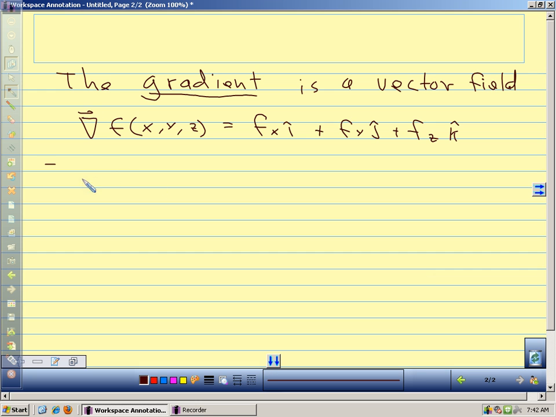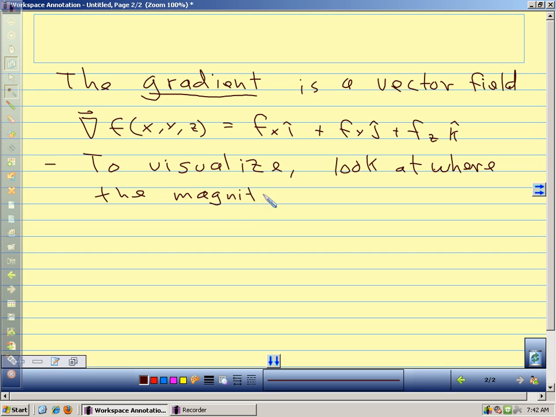So one way to visualize, we look at constant magnitude. So that's one way we can visualize vector fields in kind of a systematic way.